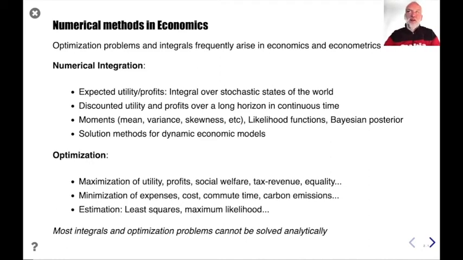That would be an integral with finite bounds, or finite limits. You can also have an infinite upper bound. If you have infinite horizons, then you would integrate from say 0 to infinity, and then calculate the discounted value of those returns over a finite or infinite horizon.